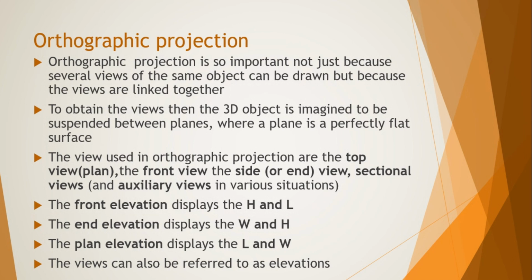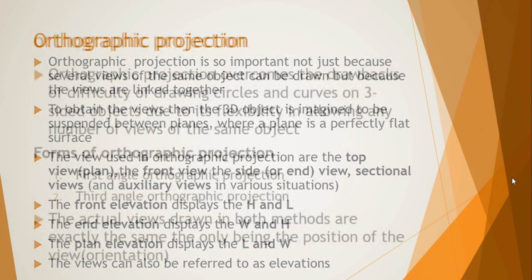Assembly and working drawings are just the same thing. One basic principle that you should capture is that the front elevation displays the height and length of the objects. The end elevation usually displays the width and the height, while the plan elevation will display the length and the width of the objects. The views, as we have said, can also be referred to as elevations.